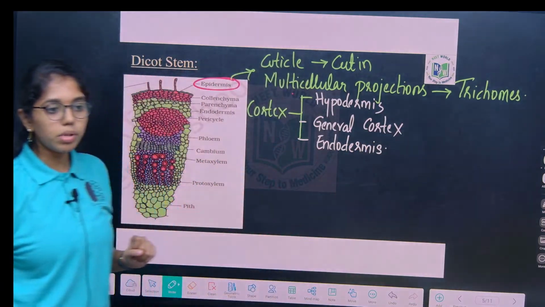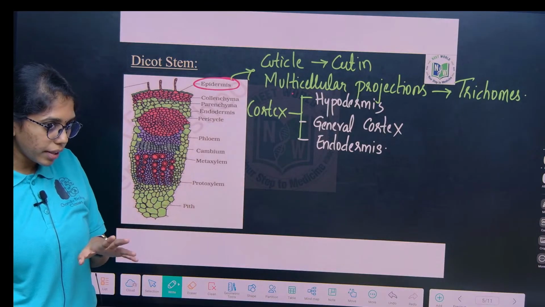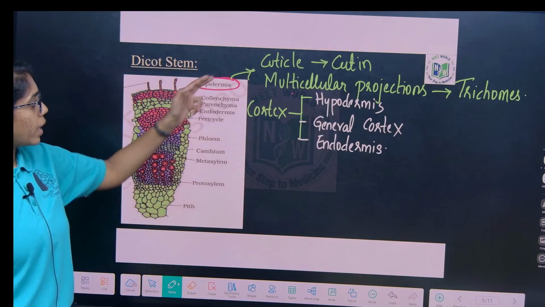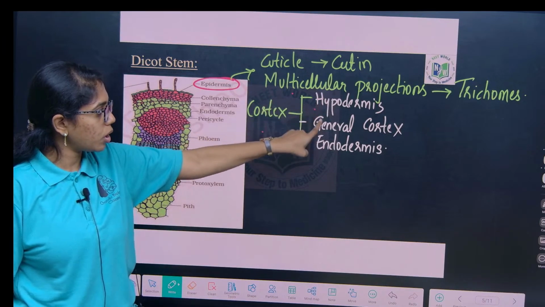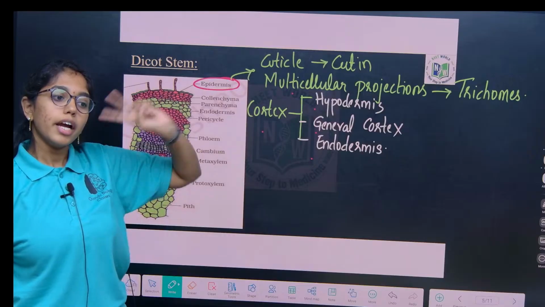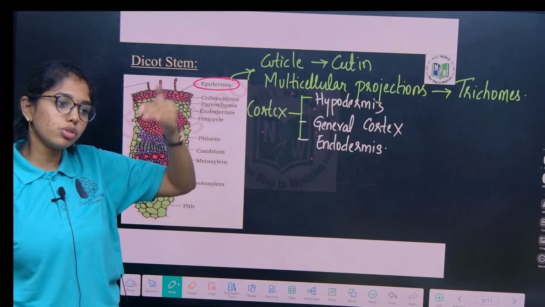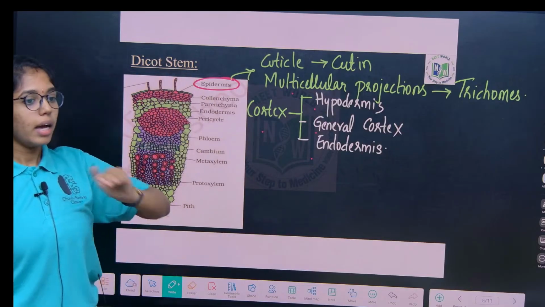Hypodermis, general cortex and endodermis. Any doubt? Clear? So here after epidermis you have cortex. Cortex has 3 layers: hypodermis, general cortex and endodermis. In root though you don't have a hypodermis, you just have general cortex and endodermis.